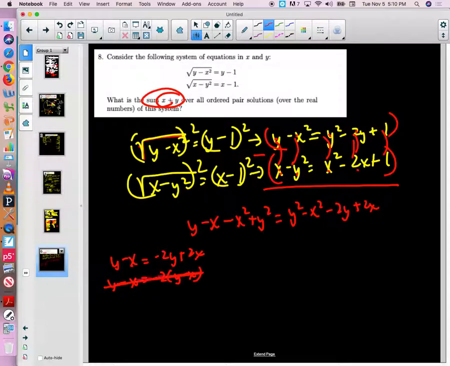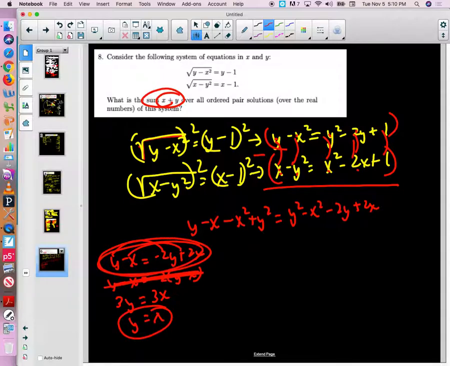Oh, no, sorry. I decided to do this. I added this over here and I got 3y equals 3x. So I knew that y equaled x. I just can't remember right now how I got that piece, because I wrote all over my paper. Okay, well, maybe that's why I forgot. We'll see what happens. I'm sorry, I didn't go forward.